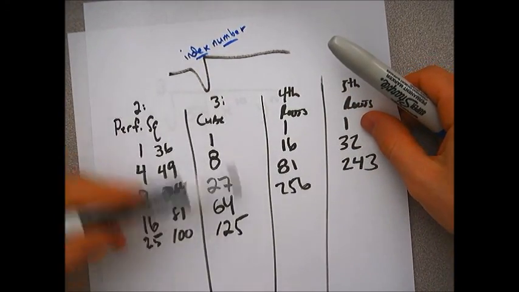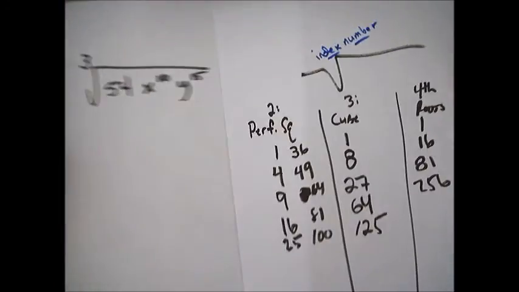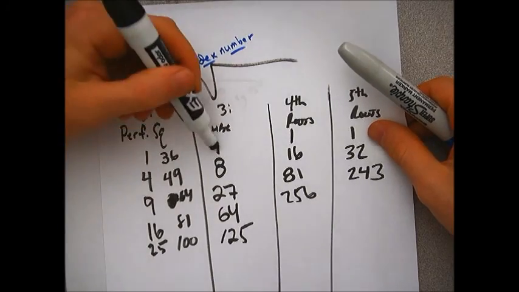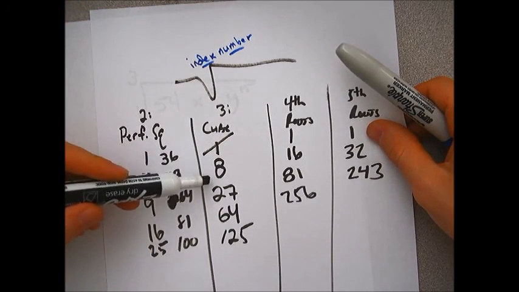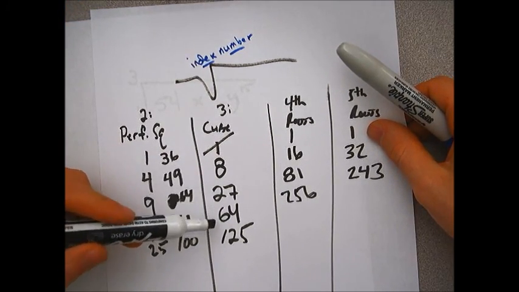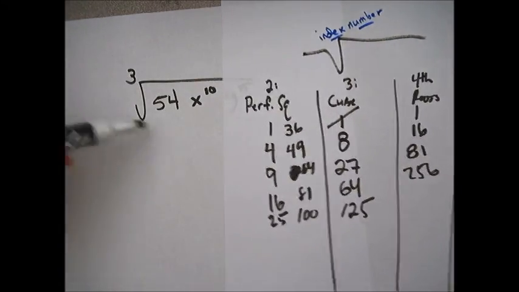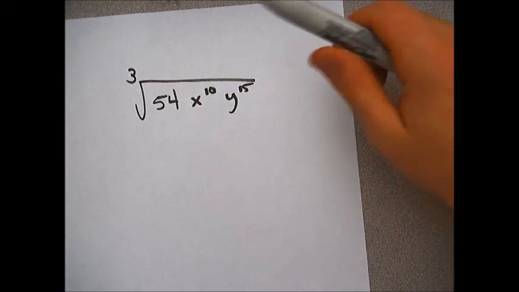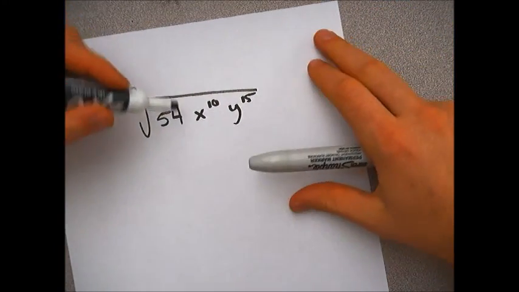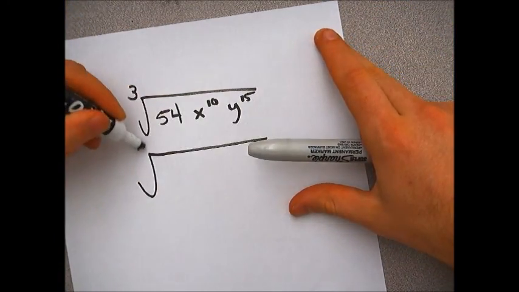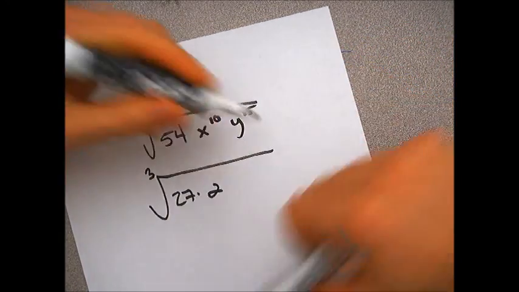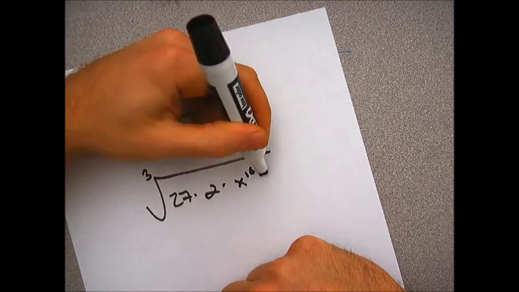What perfect cube goes into 54? 1 is not going to be important here. Is it 8? No. 27? Yes. 64? Well, that's already bigger than 54, so we can rule out 64 and 125. So 27 is the perfect cube that goes into 54. How many times does it go in? It goes in twice. And then I carry my letters along.